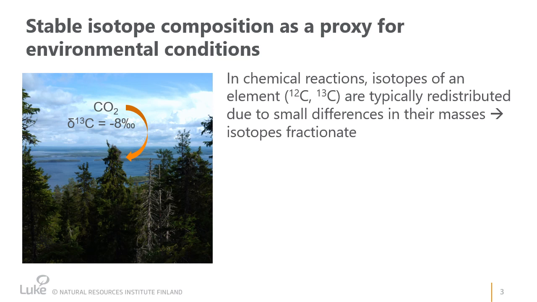So the diffusion of the carbon dioxide into the leaves and the reactions that form the sugars. And the end result is that the delta 13C value of the sugars is somewhere around -25 to -30 per mil, typically. So in this instance, there is more carbon-12 relative to carbon-13 in the sugars compared to the atmospheric carbon dioxide.